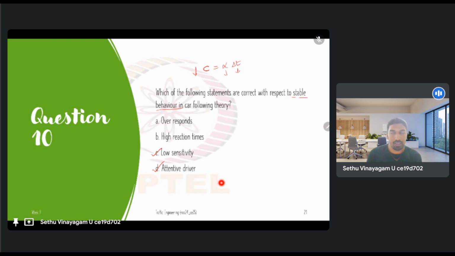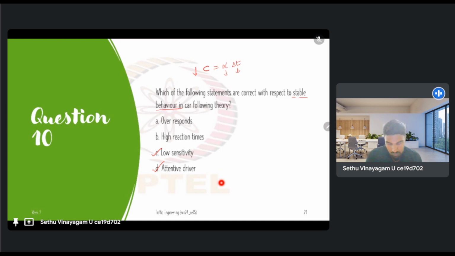In that case you have a lower reaction time and are able to respond quickly, which means you have enough time headway or space headway available, so you don't have to respond with higher values of acceleration or deceleration because you are reacting quickly. You can slowly accelerate or decelerate. Therefore the sensitivity will also be lower. So these two in combination will give you a stable traffic condition.